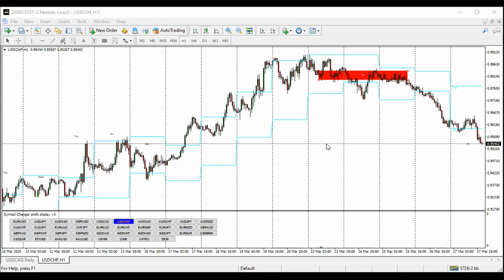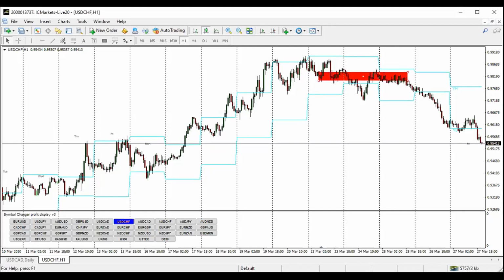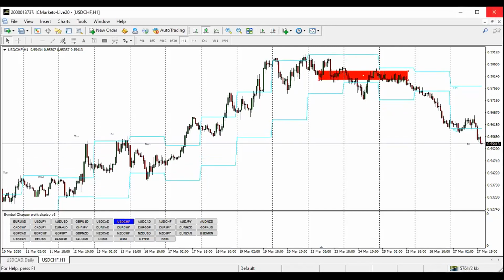Which particular chart, which pair are you talking about? This pair USDCHF. What happened on Monday? And what's your question again? On Thursday and Friday. What happened on Monday? This is Monday.